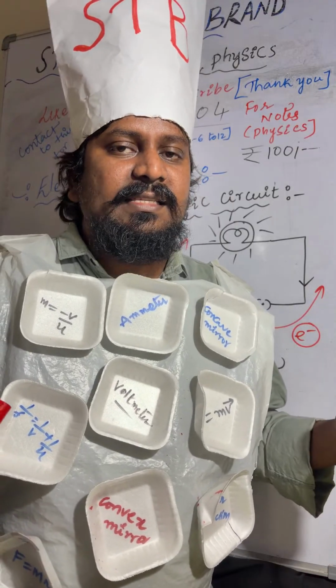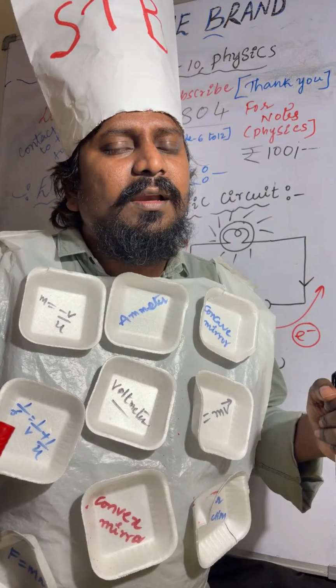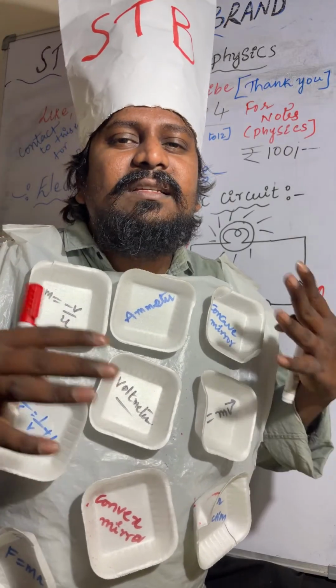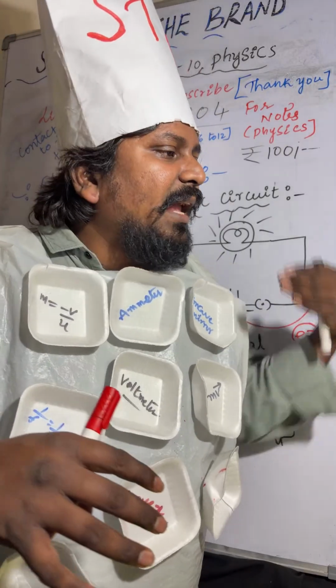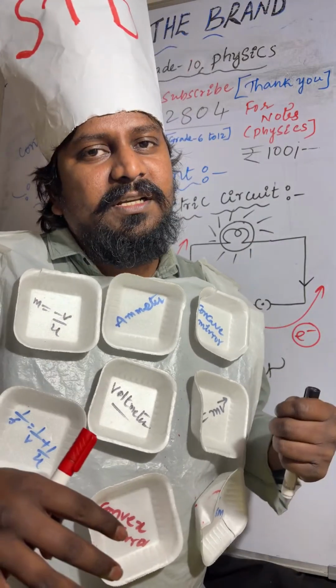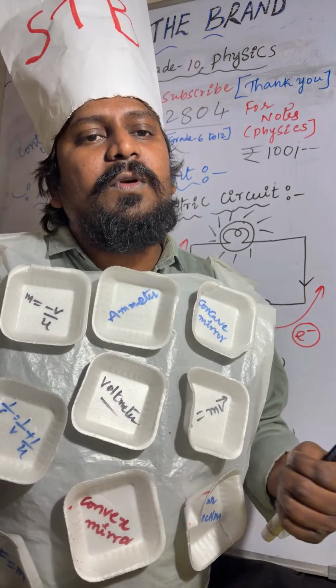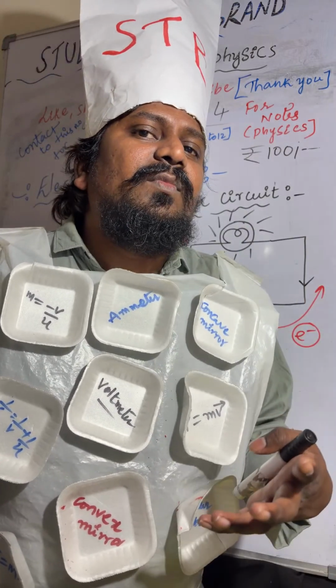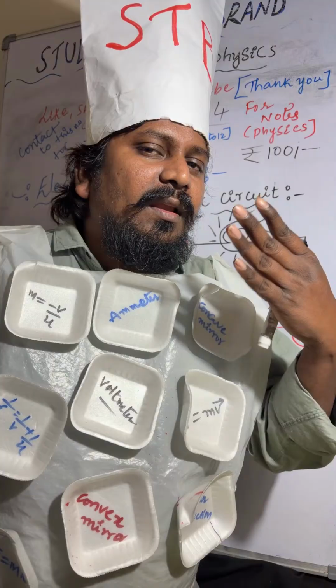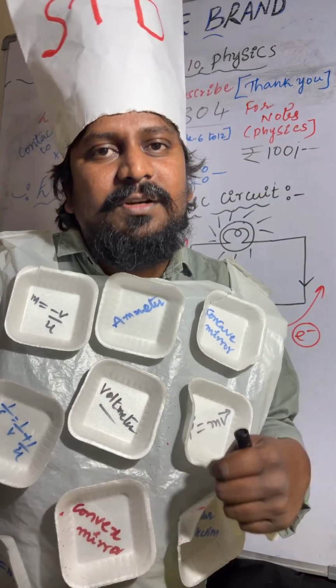And one more point. Positive charges move from high potential to low potential, whereas electrons move from low potential to high potential.